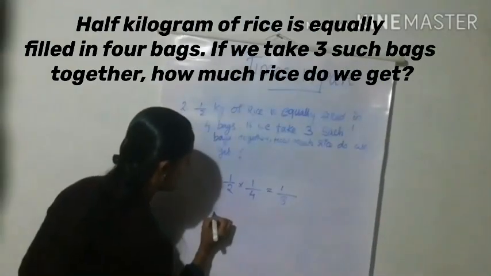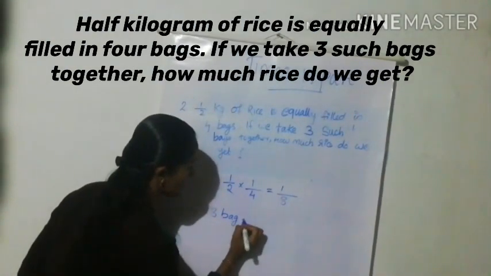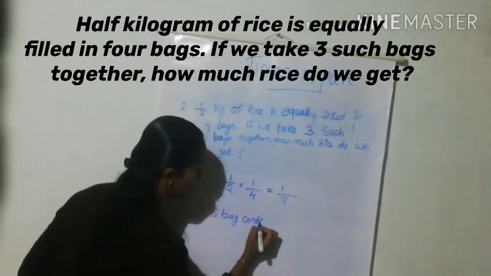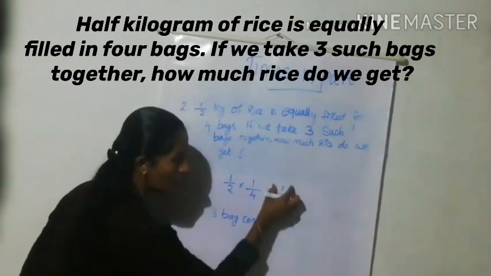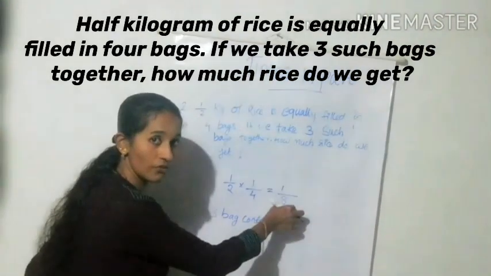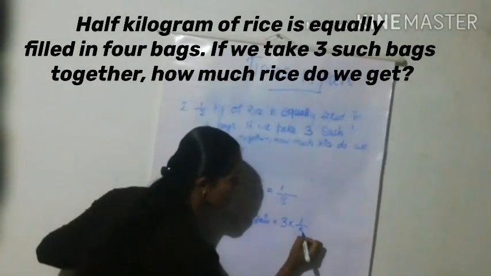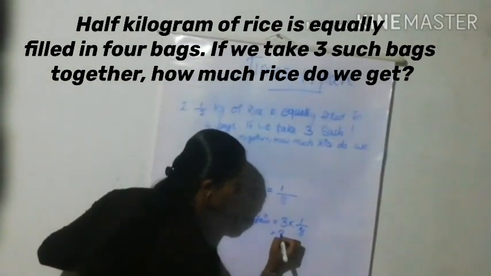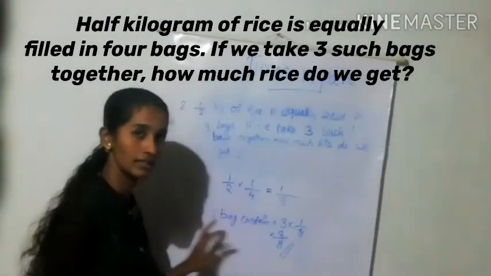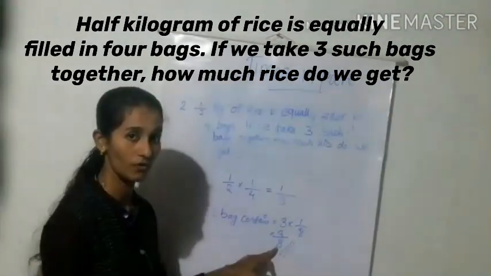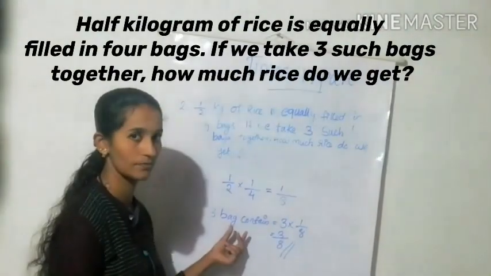So 3 bags contain 3 into the quantity of rice in 1 bag, that is 1 by 8, which is equal to 3 by 8. This is the quantity of rice contained in 3 bags.